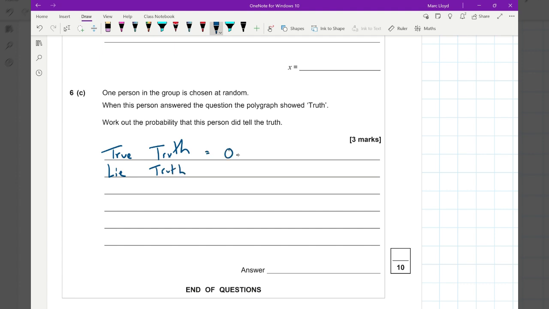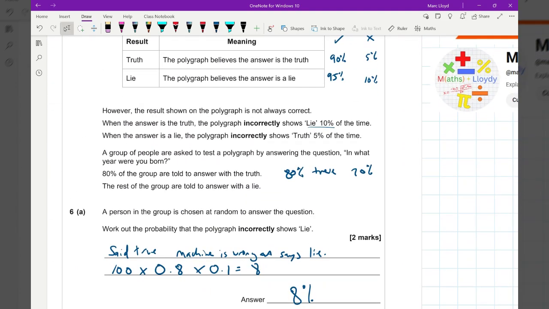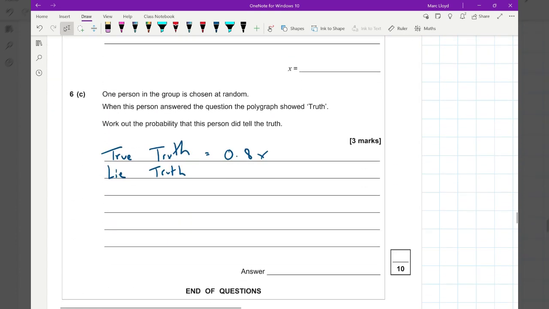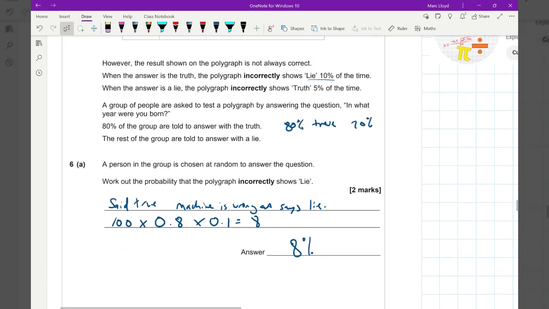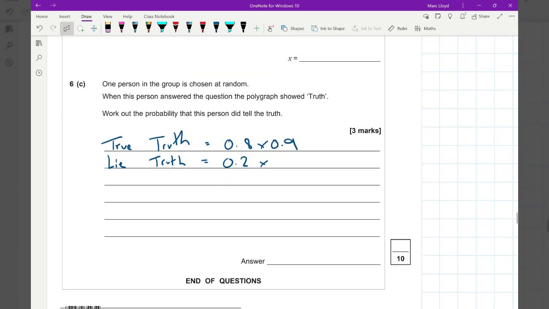So 0.8 times by, so those that said true, it would say 10% of the time a lie, so that's 0.9. And then 0.2 are told to lie, and it flips to the truth 5% of the time. So that's 0.05.